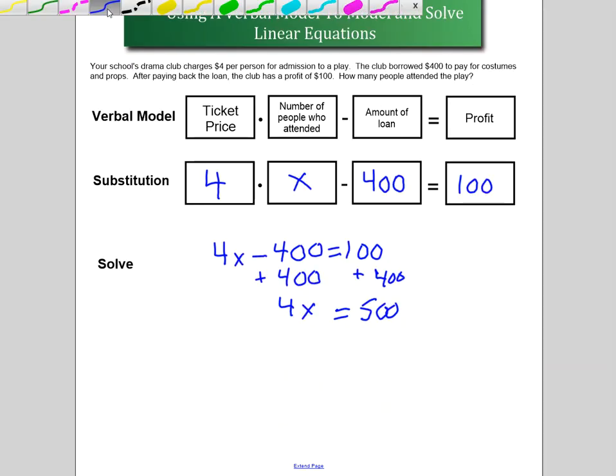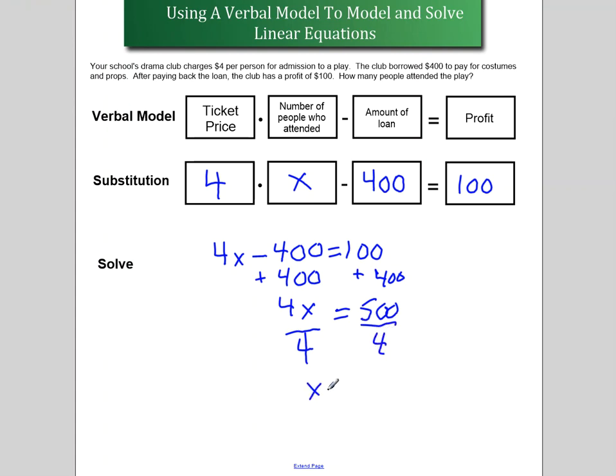Just extend my page so I have a little bit more room. Okay, divide both sides by 4. Divide both sides by 4, and you get x is equivalent to 500 divided by 4, which is 125.